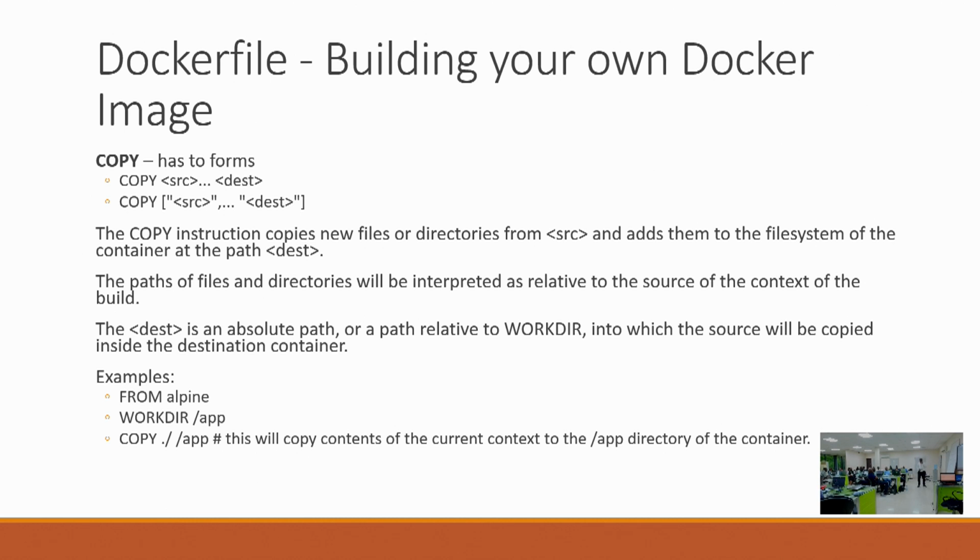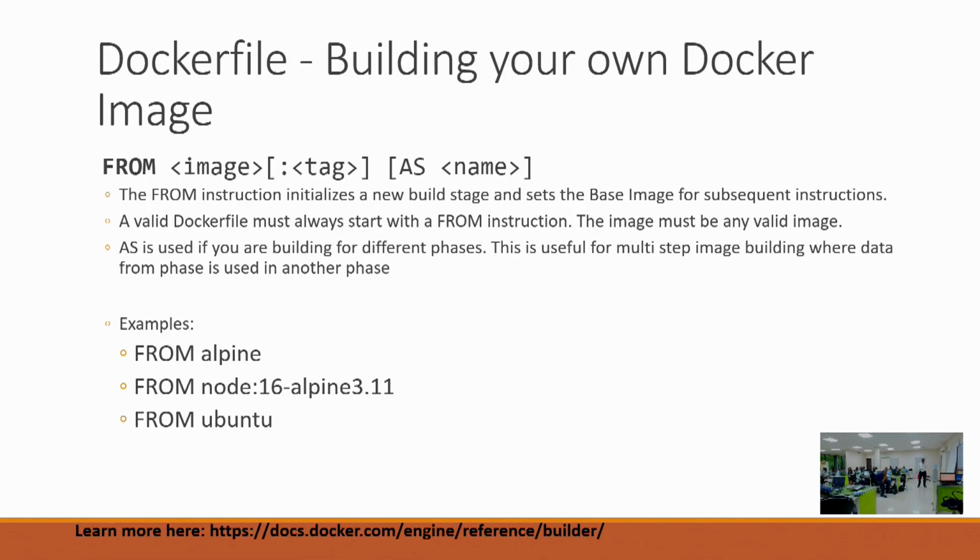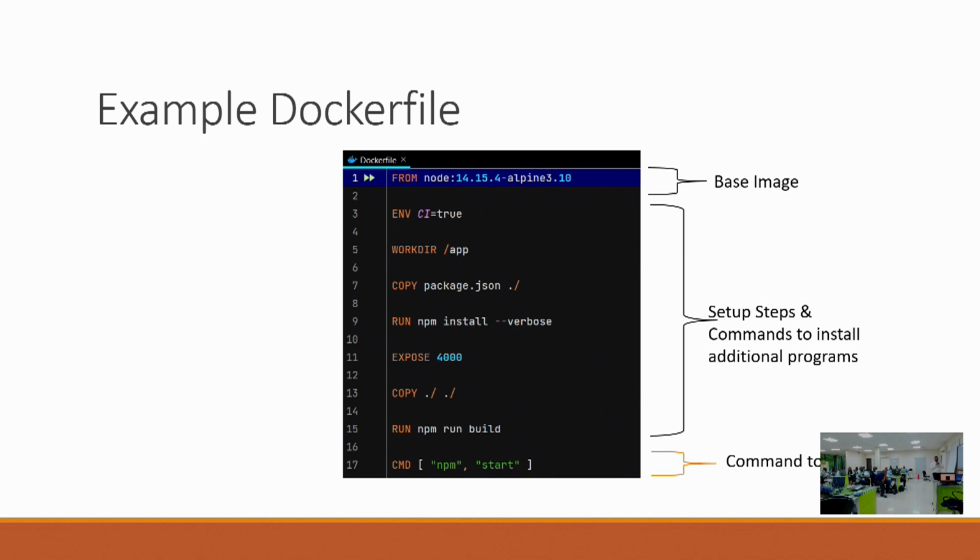The destination is an absolute path or a path relative to the WORKDIR. I said this WORKDIR before. When you specify your WORKDIR, you are specifying the current working directory for the container. That means this /app is the current working directory. Let me show it again. So WORKDIR means you are specifying a current working directory for your container, and that current working directory is /app.